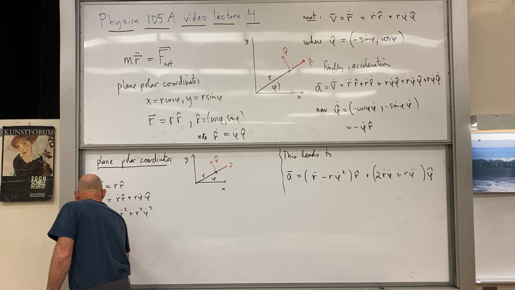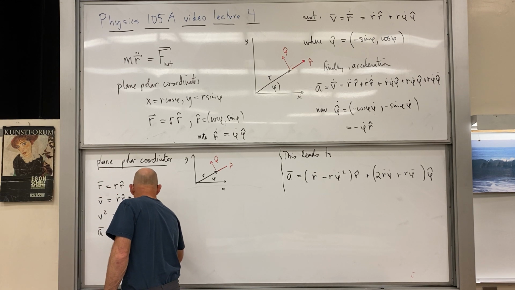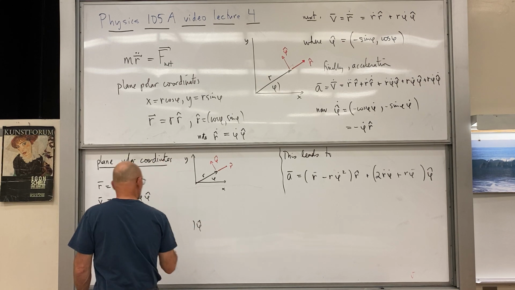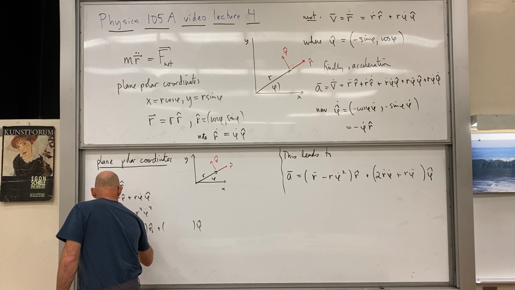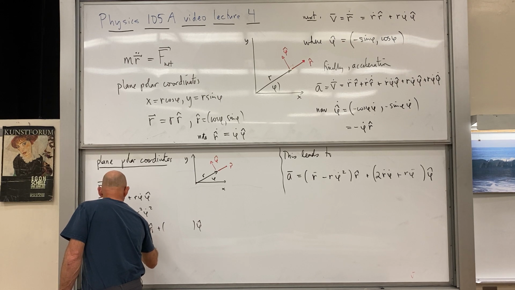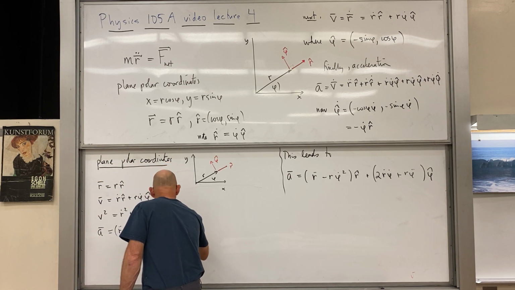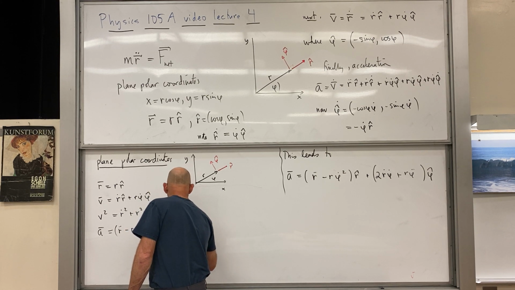And now we have the acceleration, which has these two components, r hat, phi hat, so r double dot minus r phi dot squared, r hat plus 2r dot phi dot plus r phi double dot, phi hat.